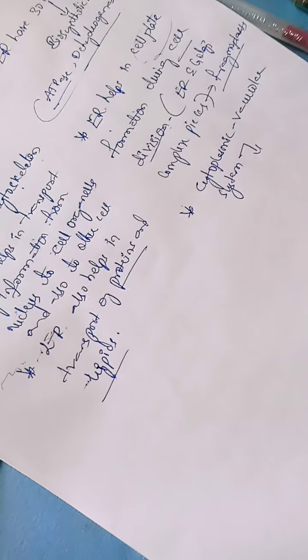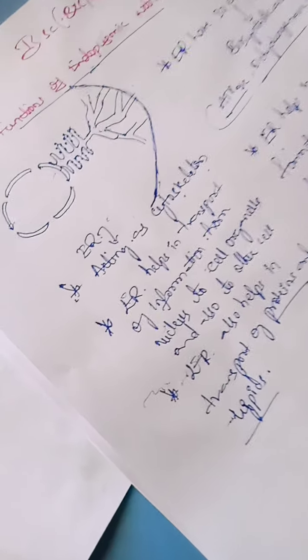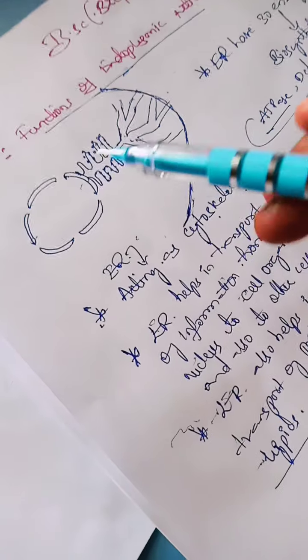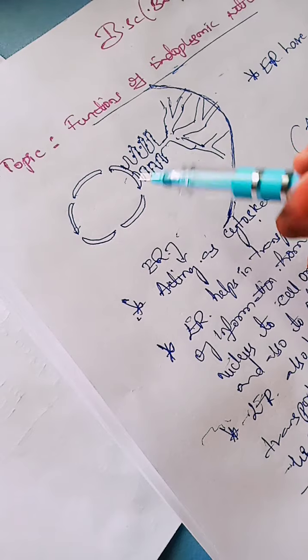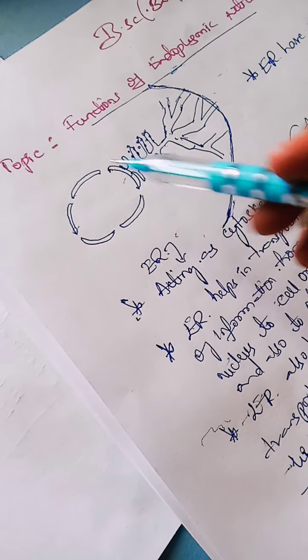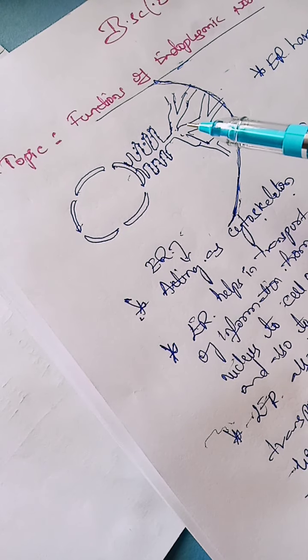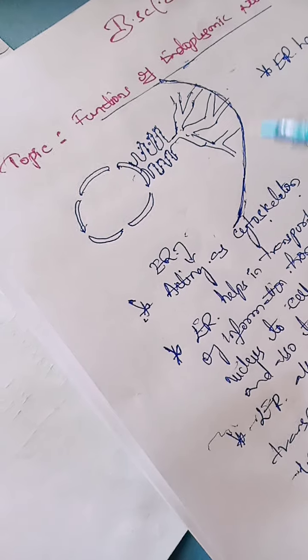This system says that the entire endoplasmic reticulum is interconnected in the entire cell. Let's see here. The endoplasmic reticulum is first formed from the nucleus, the centrally located nucleus. From it the endoplasmic reticulum is formed, right? After that it has gone like this and attached to the plasma membrane.